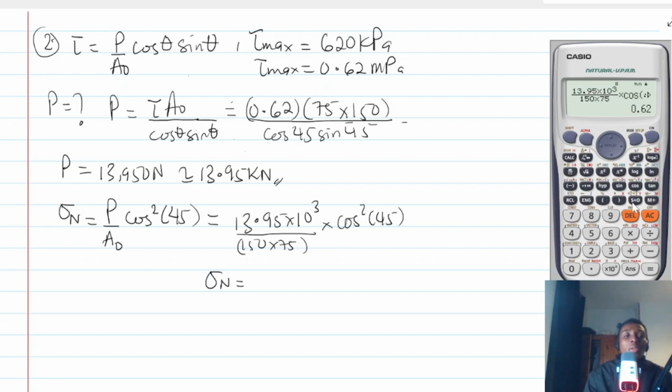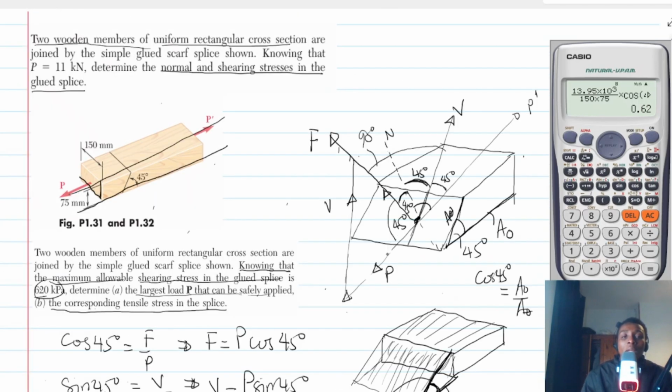Wow, again we get 0.62 megapascals. That's interesting. So this problem has been solved. In most textbooks, they don't sketch this diagram, but it's very important to know how the formulas came about. Thank you very much for watching.